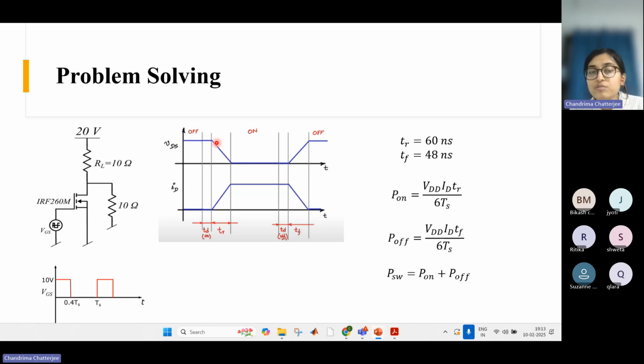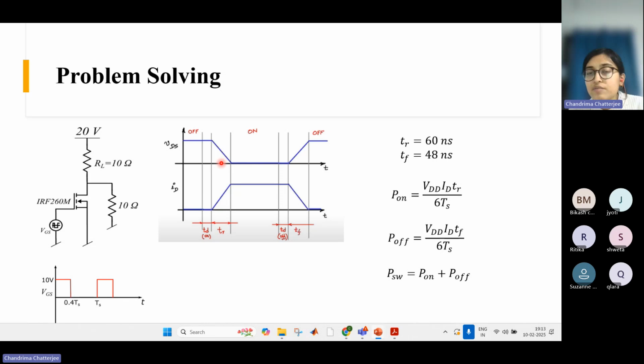So what you need to do is write the equation of VDS with respect to time during this interval, and also the equation of current with respect to time during this interval. Then you need to integrate over the total time period.